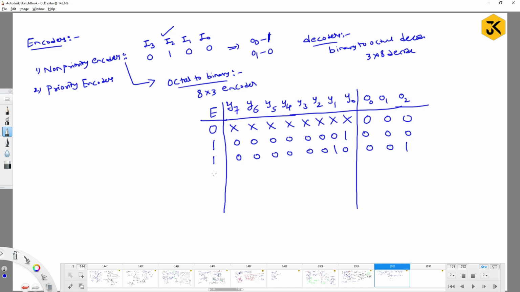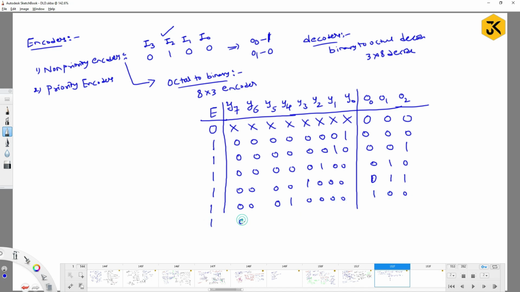Similarly, for the remaining cases: 0, 1, 0, 0 gives 0, 1, 0. Then 1, 0, 0 gives 0, 1, 1. Then 0, 0, 0, 1 followed by zeros gives 1, 0, 0. And 0, 0, 1 followed by zeros gives 1, 0, 1.